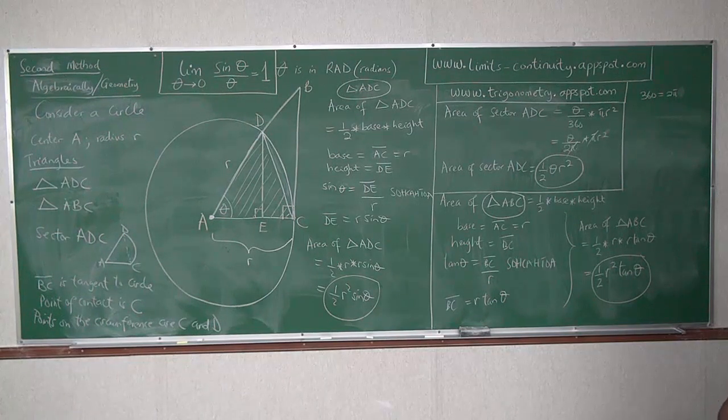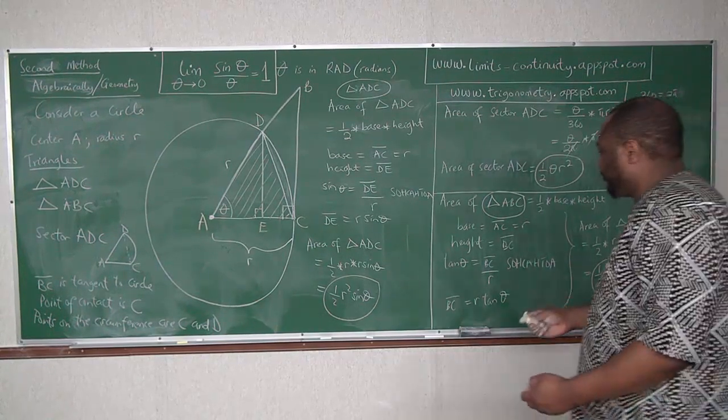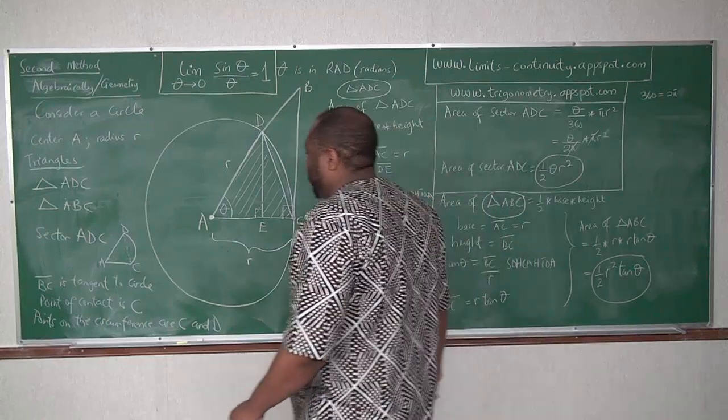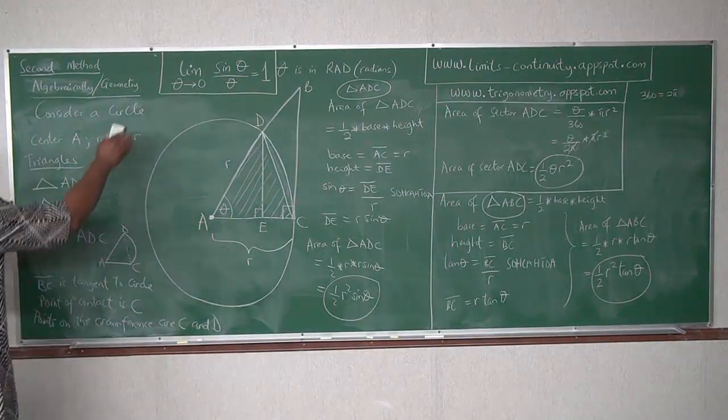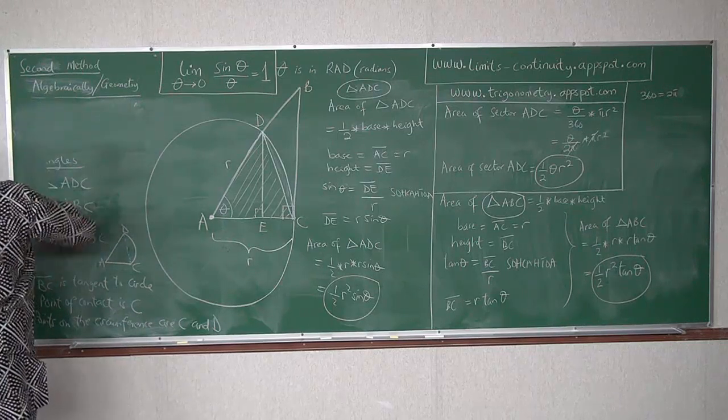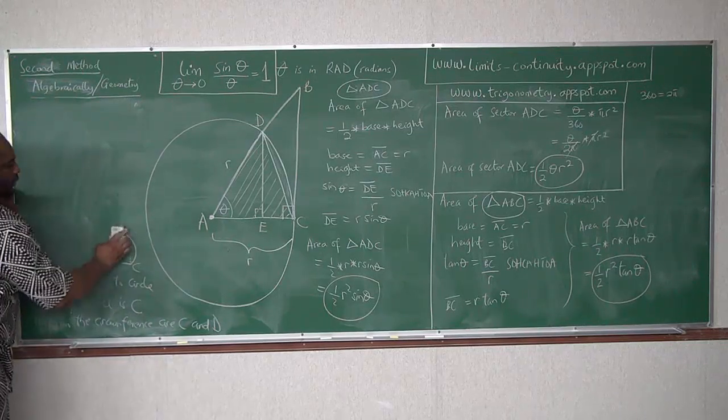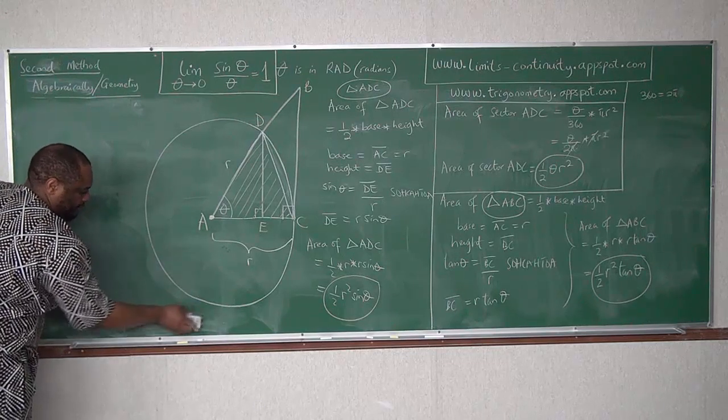Now let's do some algebra. We will now have to do some algebra so we can get this done. So can I just erase this part here? So we can go ahead and finish this.